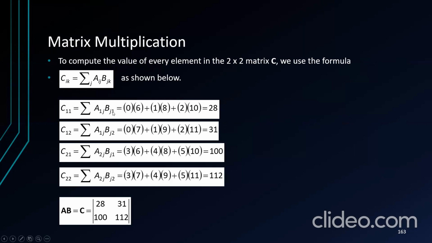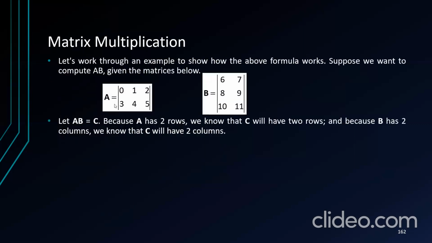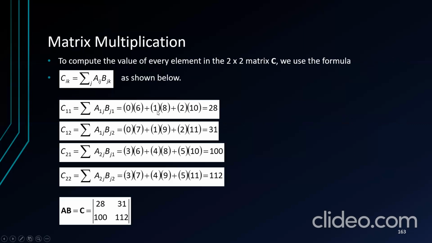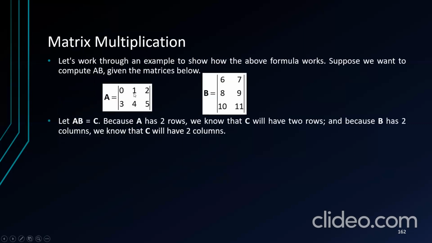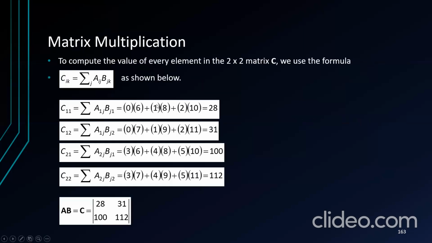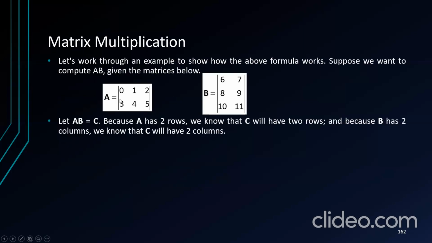So A11, then B11, so 6. So 0 times 6. Then A12, then B21, 8. Yan. Tandaan nyo, formula lang yun. So plus A13 and B31. A13, third column. Then B, third row and first column.